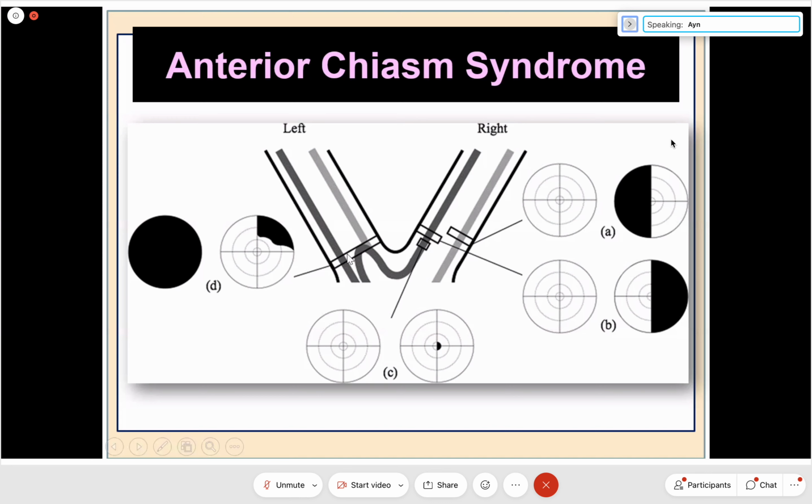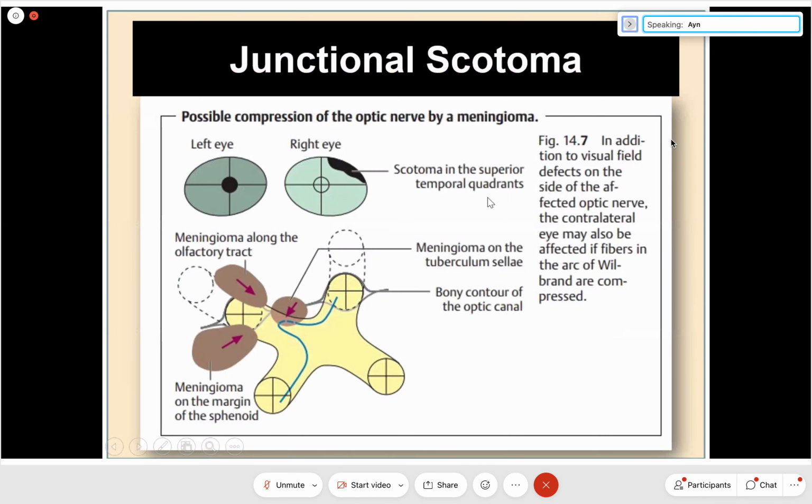And when the von Willebrand knee is affected on the left side, we can get a visual field defect for the left eye, but at the same time, due to decussation of the inferior nasal fibers, the patient can have a right superior temporal visual field defect. This is to describe further with a diagram.